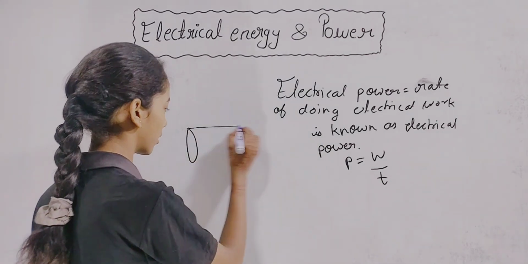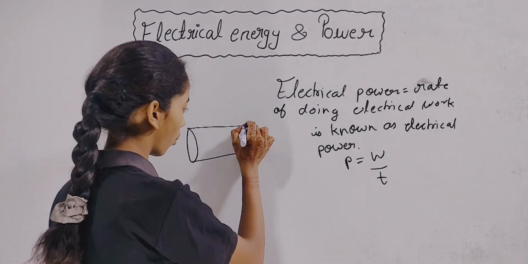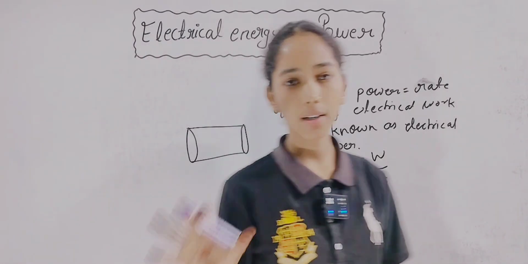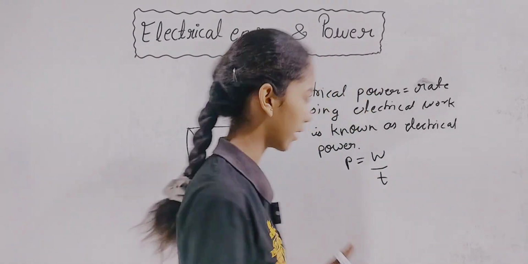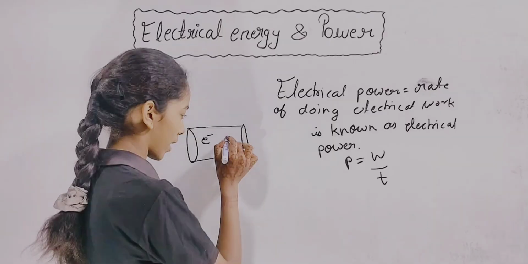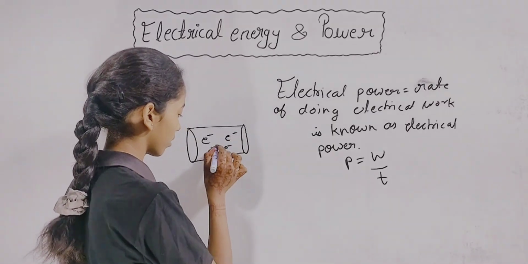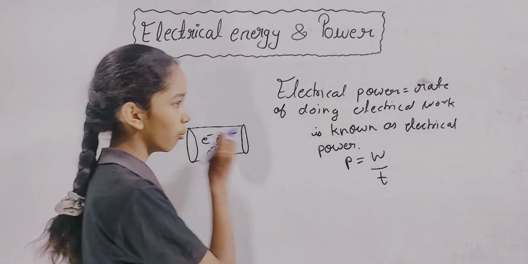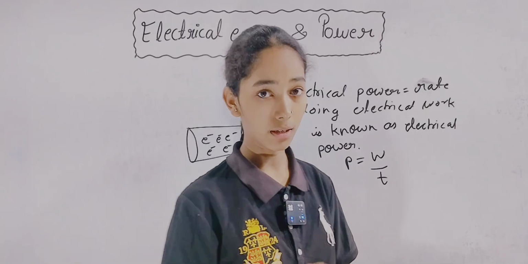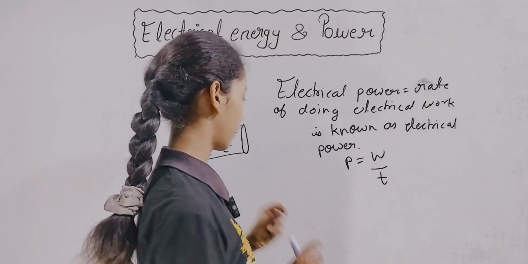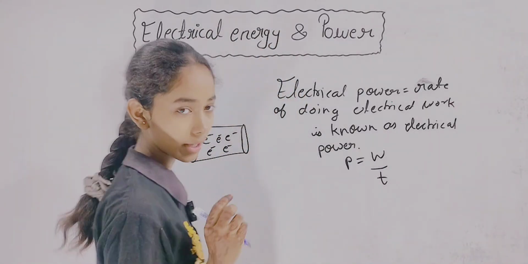Let us take a conductor. In a conductor, electrons flow randomly here and there with no direction. So electrons are moving in the conductor. But what happens when we connect it through a voltage source?